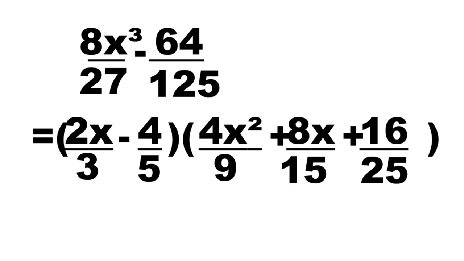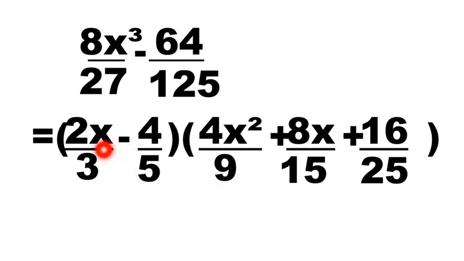Just get the cube root of this one and this one, and have your cube root. The first term is the square of the first term of the binomial, 2x over 3. The square of this one is 4x squared over 9.